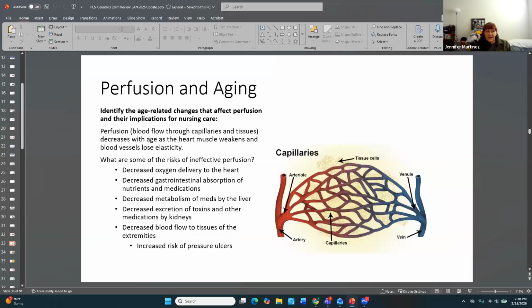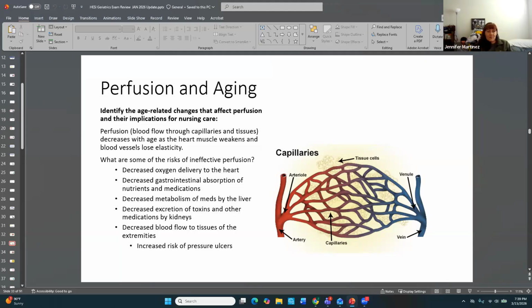When we look at perfusion and aging, perfusion is the blood flow through the capillaries and the tissues. It decreases with age as the heart muscle weakens and blood vessels lose elasticity. So risks of ineffective perfusion. If we're not getting enough blood to our tissues, there's decreased oxygen delivery to the heart muscle itself, with that coronary circulation, decreased GI absorption of nutrients and medications, decreased metabolism of medications by the liver, right?